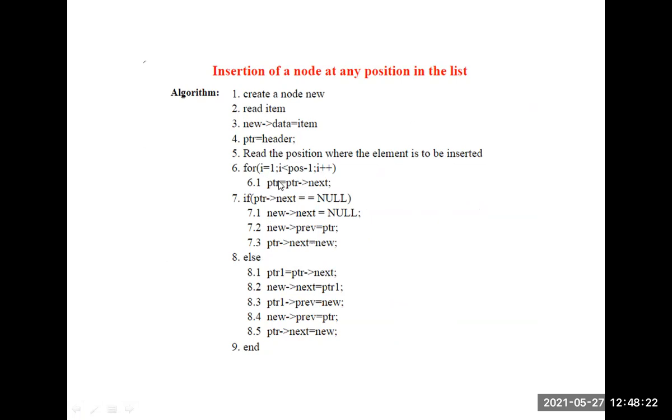Here we are considering pointer equal to pointer of next. If position 1 is the first node, the first node's next is the second one, and the loop is repeated up to that position. After that, if the pointer of next equals null, then you have to store new of next as null, new of previous as the pointer, and PTR of next equal to new.